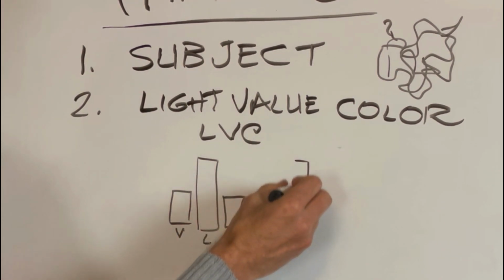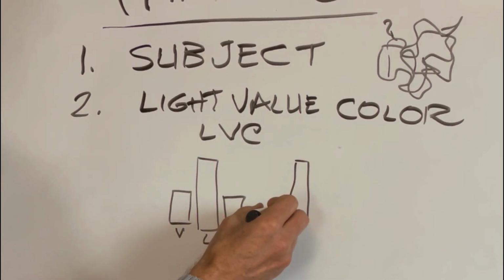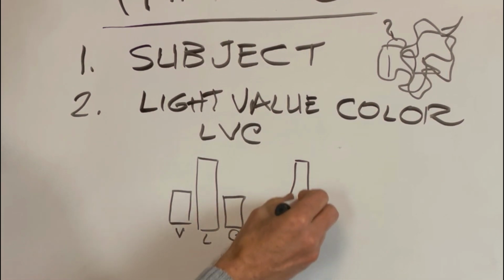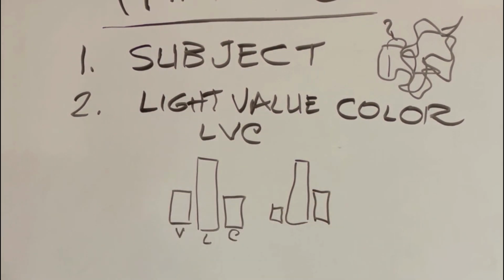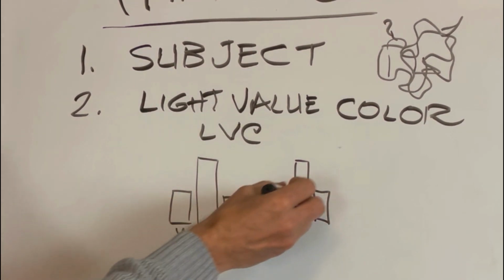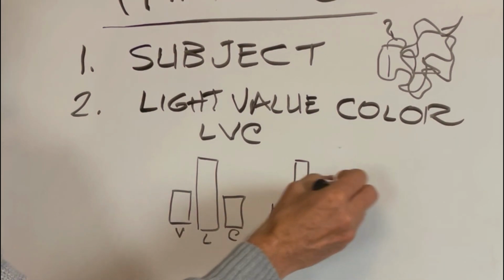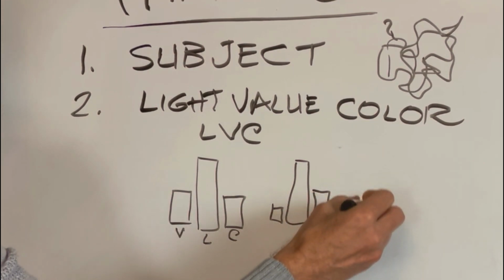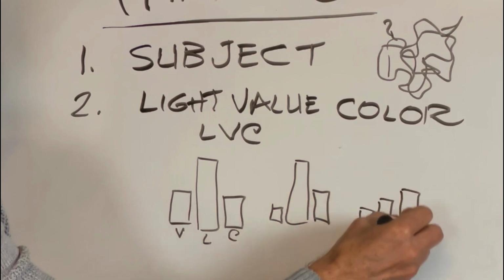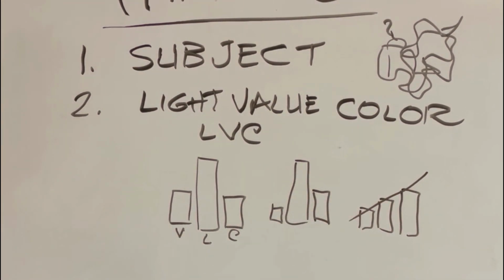Now, having said this, you could have a painting where it's perhaps a little more uneven like this. These aren't necessarily balanced, and if I could put these in a different order, where basically they would become geometrically decreasing. And that's good to know as well.